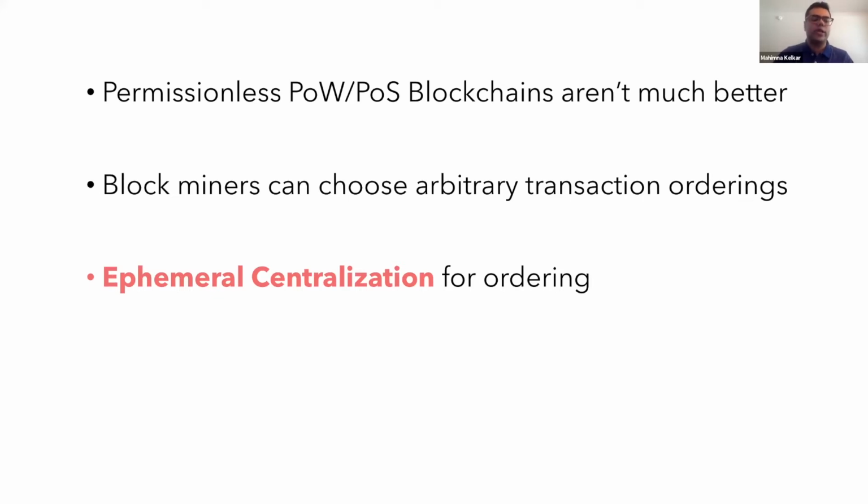A miner with a small but non-negligible amount of mining power, not enough to, say, 51% attack the network, can still impact the ordering for a non-negligible fraction of the blocks and users. This is what we call an ephemeral or short-term centralization of ordering in permissionless blockchains. Although everything else is mostly decentralized, there's this short-term centralization with respect to ordering.